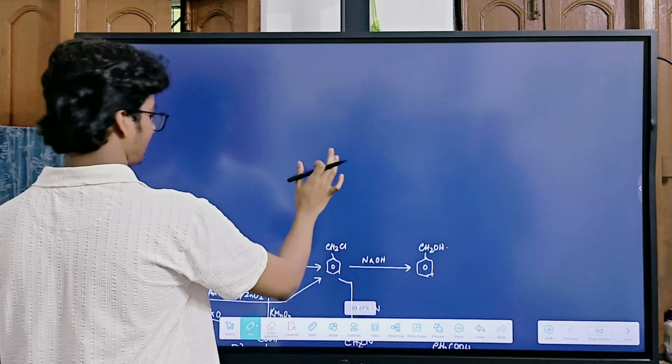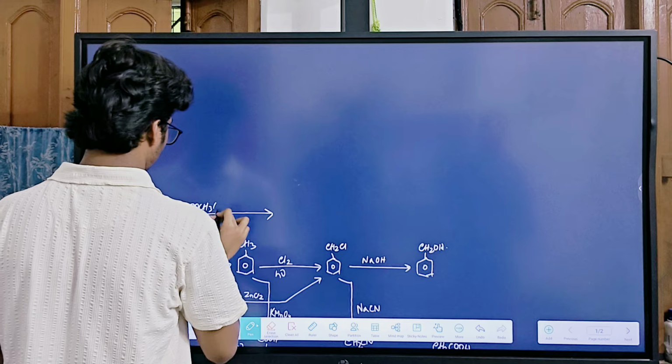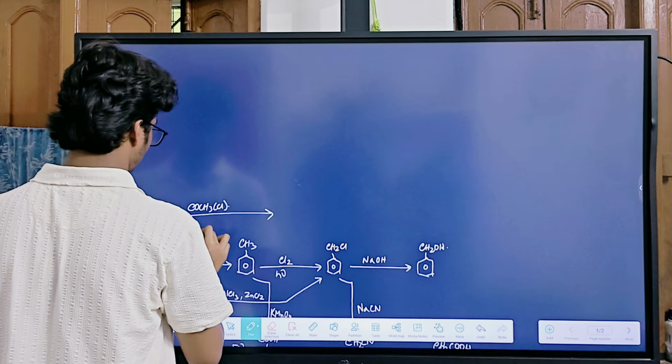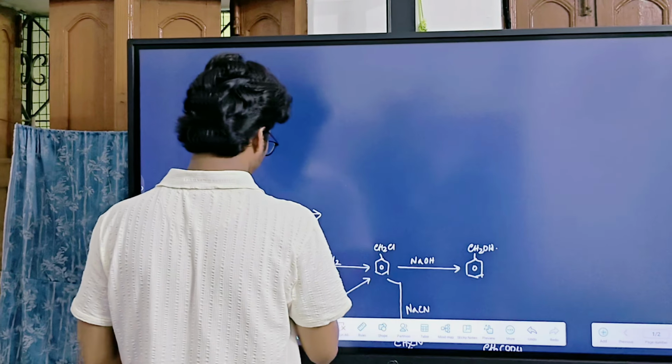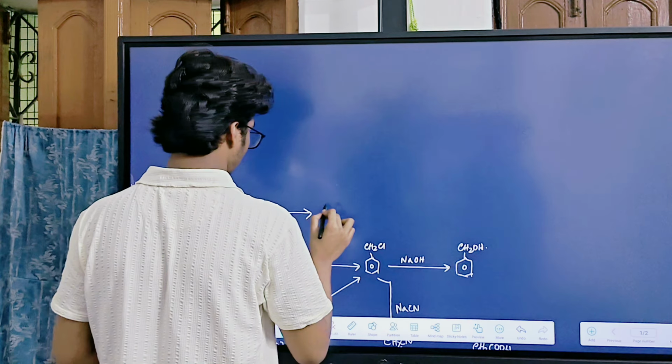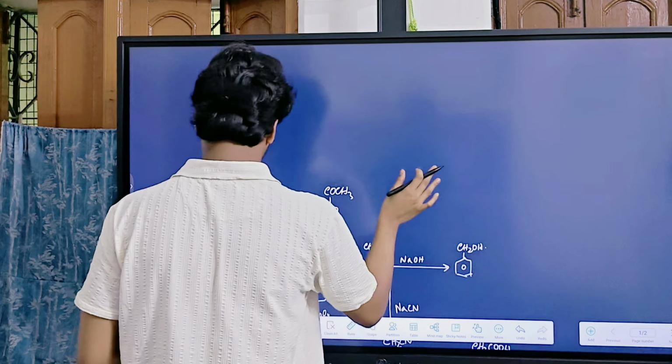Now another type of Friedel-Crafts reaction, which is just COCl with anhydrous AlCl3.